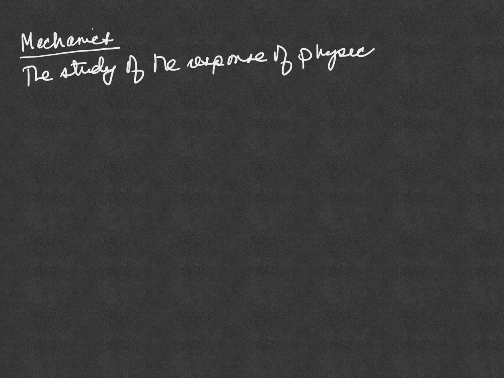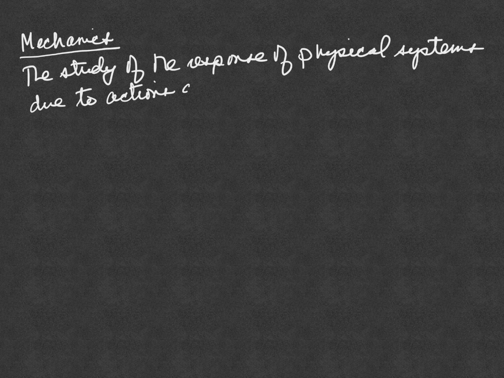So in order to get started, let's describe qualitatively the subject of dynamics. So dynamics is actually a subset of the subject of mechanics. Mechanics is the study of the response of physical systems due to actions applied to the system.